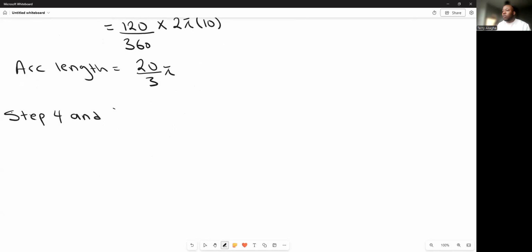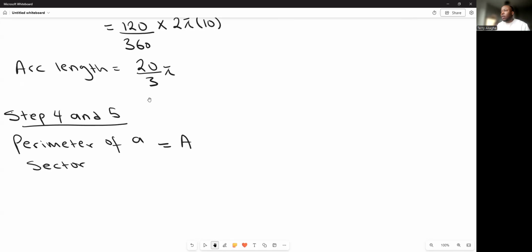So I'll combine both of them together. So the perimeter of a sector is going to be equal to the arc length, plus 2r.